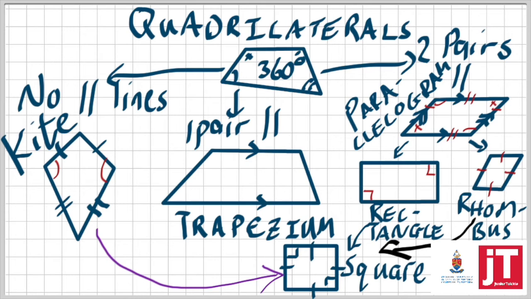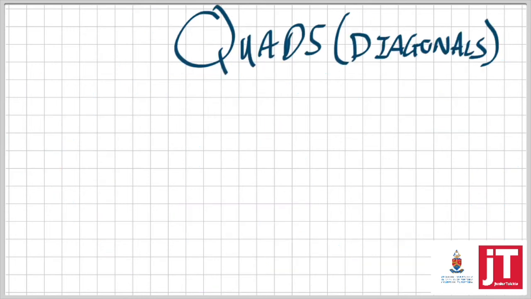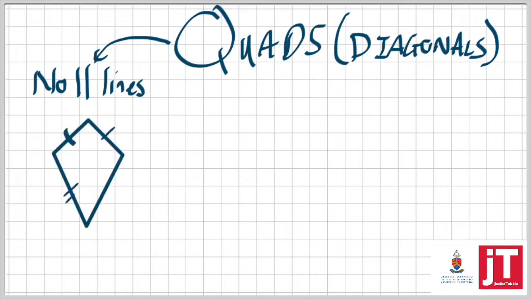So let's start by, again, going to my quads and splitting them up. If I look at the no parallel lines and I look at my kite, look at all of those properties that now happen when I introduce diagonals.